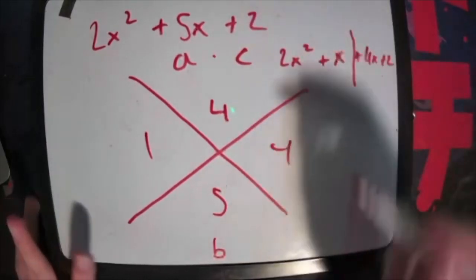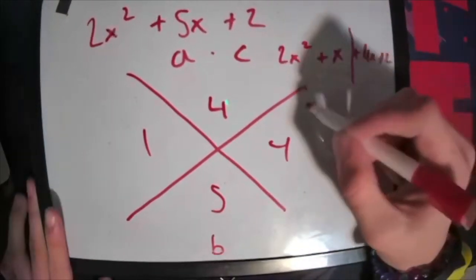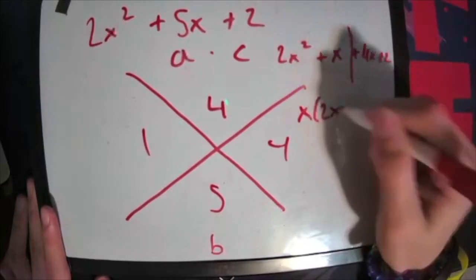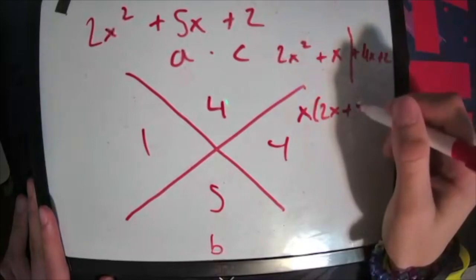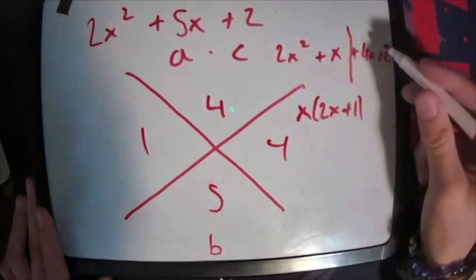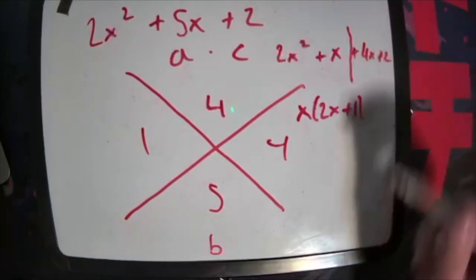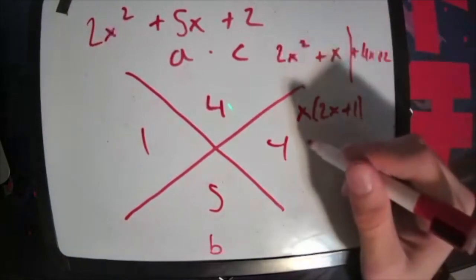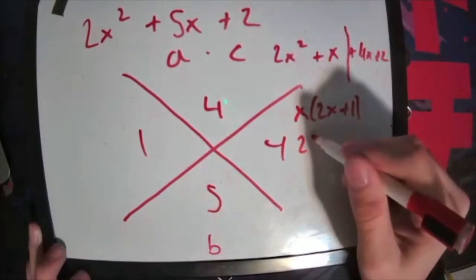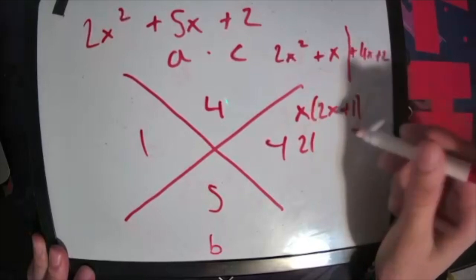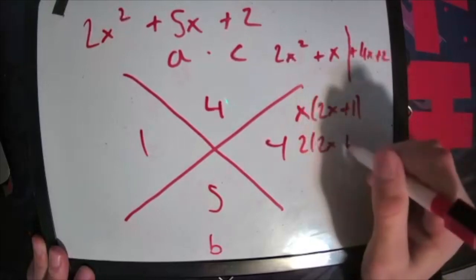So the greatest common factor of 2x squared plus x will be just x, so we have x times 2x plus 1. And over here, the greatest common factor of 4x plus 2 will be 2. So we take out the greatest common factor of both, and that'll be 2 times 2x plus 1.